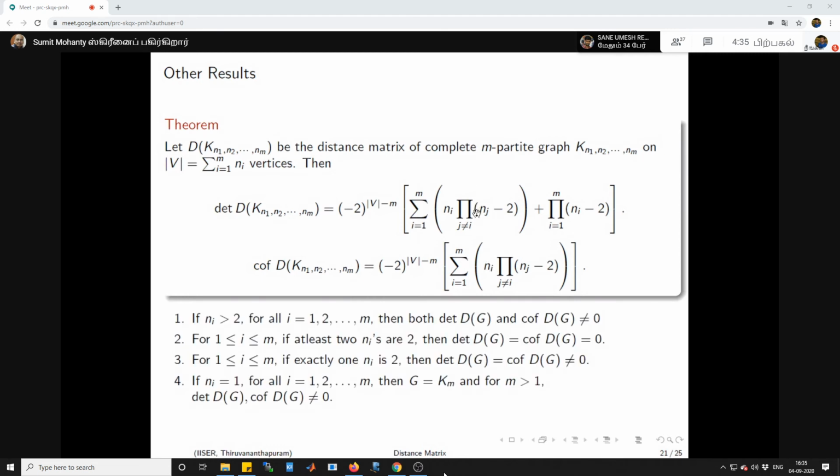If all the n_i's are strictly greater than 2, then this is positive and this is positive, so the determinant is non-zero and the cofactor is non-zero. If all the entries are 1, then it is a complete graph, and the determinant and cofactor are non-zero. If you take exactly one 1 and one 2, this term vanishes, only one term survives, so the determinant and cofactor are non-zero.